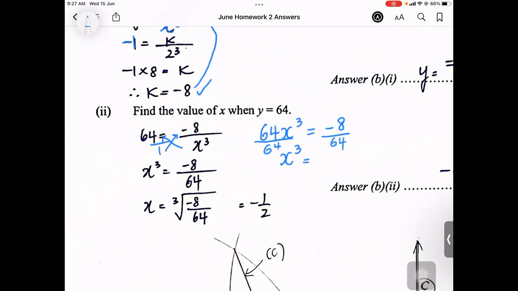So -8 over 64, then -1 over 8. Then I do a cube root. Then I get my answer, x equals to -half. Okay, for cube root, there is no plus or minus. Only square root has plus or minus sign.